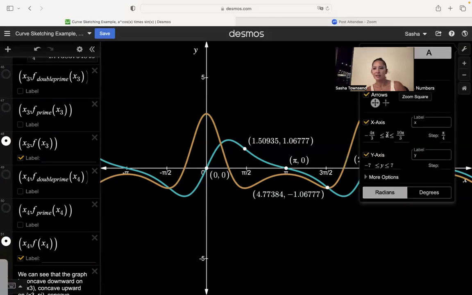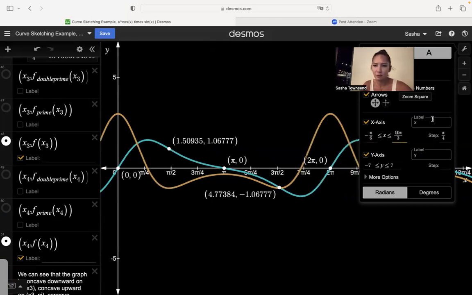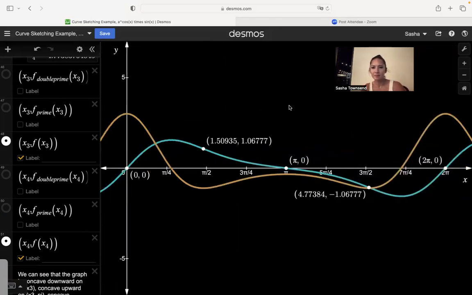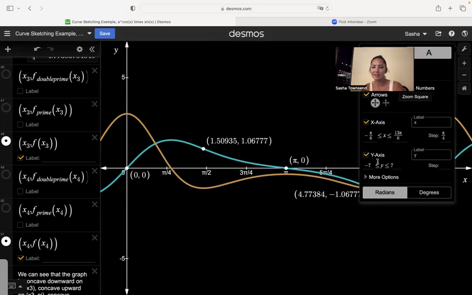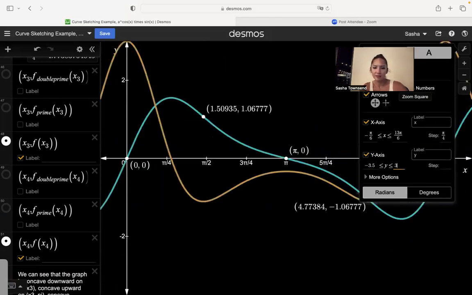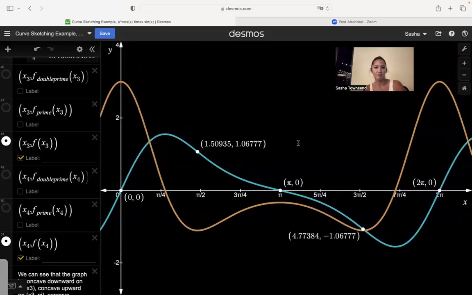But if we focus again on that interval from negative pi over 6 to 13 pi over 6, this is what our graph looks like. Our y values, want them to go from 3.5 to negative 3.5.